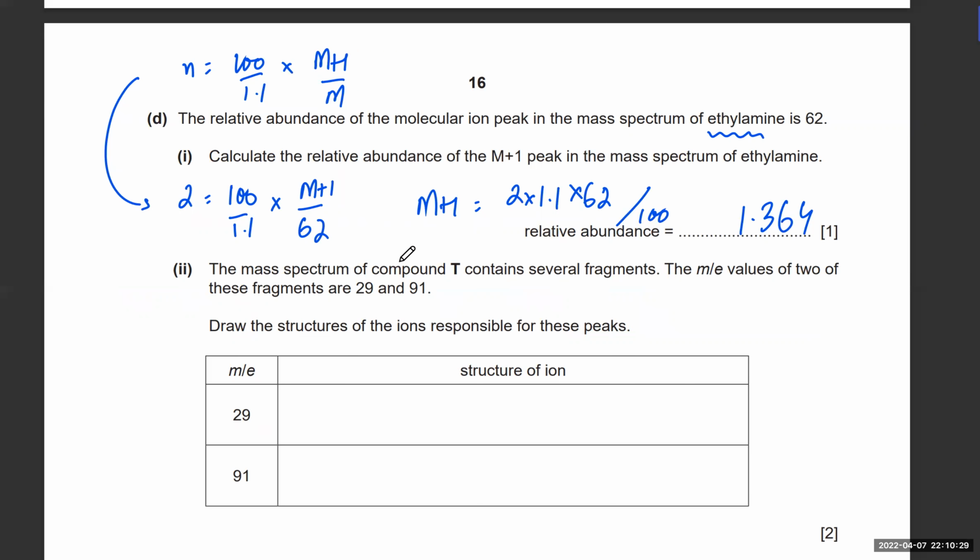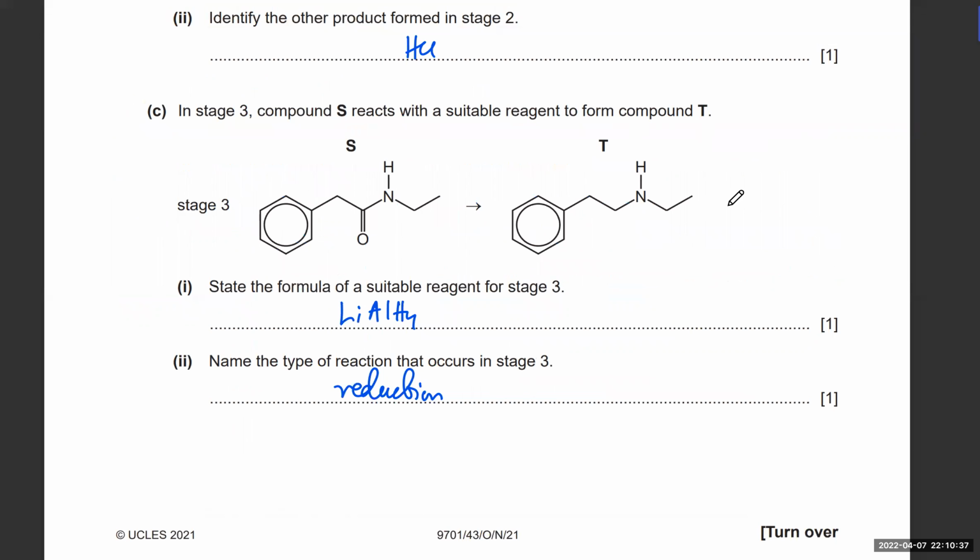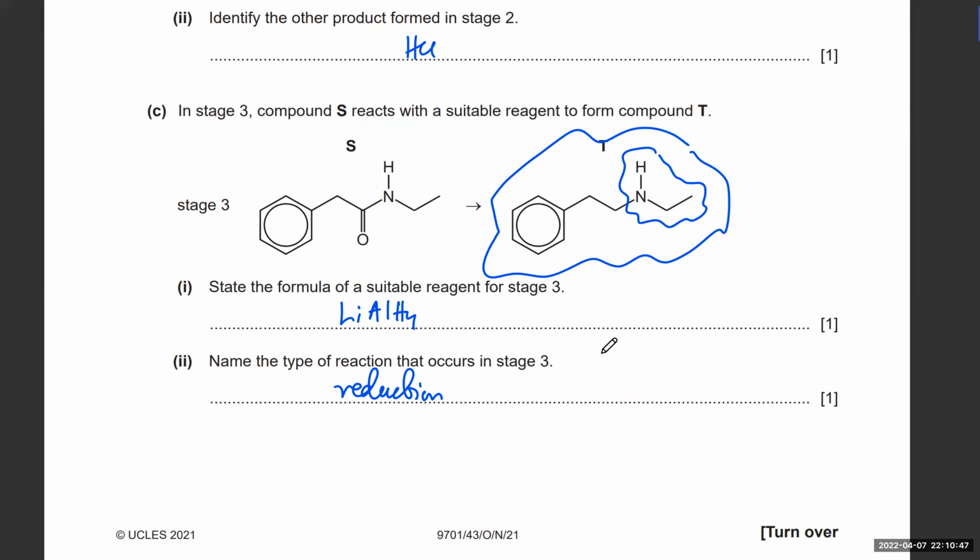Then the mass spectrum of compound T contains several fragments. He's talking about T. Let's go back to T. This is T. He's talking about fragmentation. A fragment is any small piece of this bigger molecule. So he's going to ask you to identify those fragments.